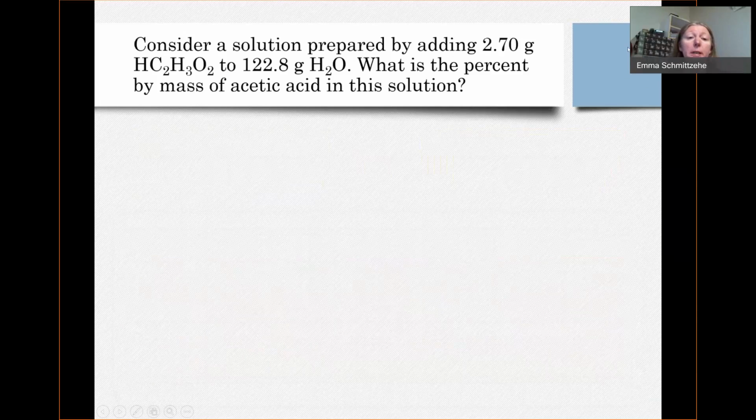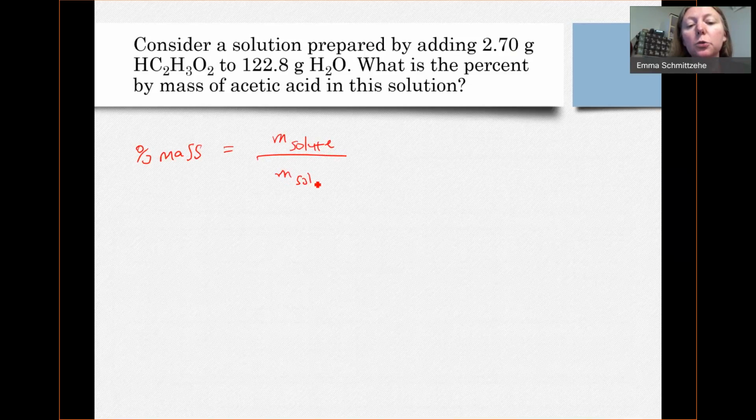Okay, let's do some examples. So here I've got: consider a solution prepared by adding 2.70 grams of acetic acid to 122.8 grams of water. And I want to know the percent by mass of acetic acid in this solution. If I want the percent mass, then I calculate that by taking the mass of the solute and dividing by the mass of the solution.